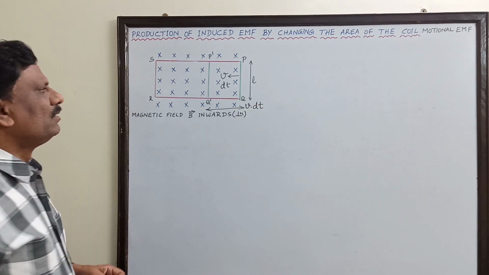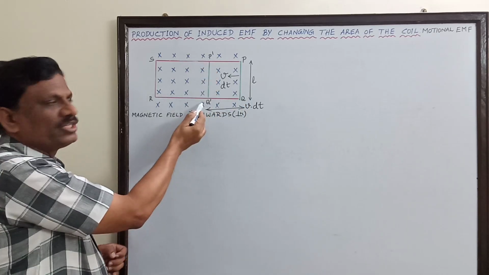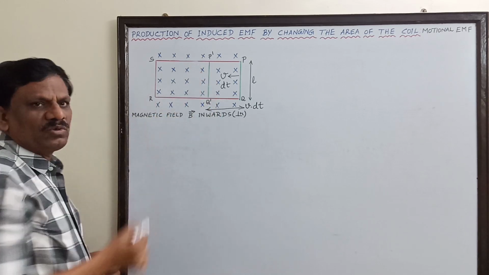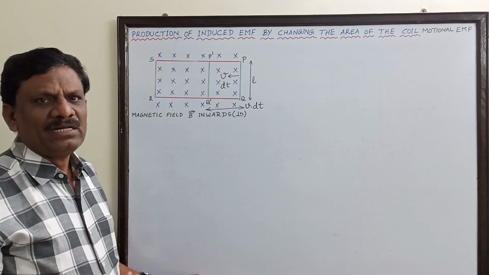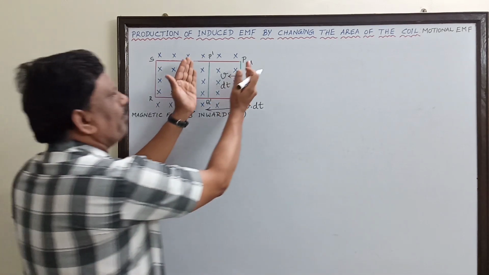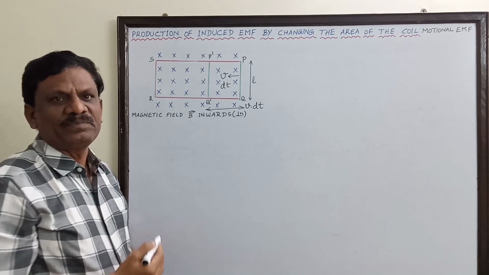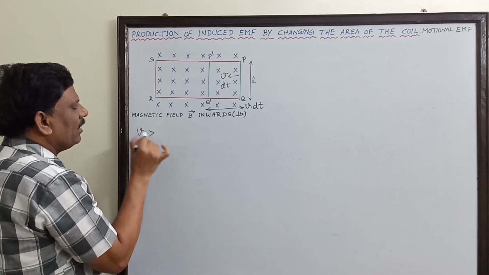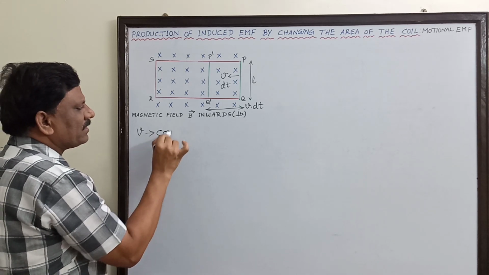So when the portion PQ has reached the portion P dash Q dash, the remaining area of the loop associated with the magnetic flux has decreased, is it not? By how much? By a small portion PQQ dash P dash. Now you have to remember that V is the magnitude of velocity, which is constant.